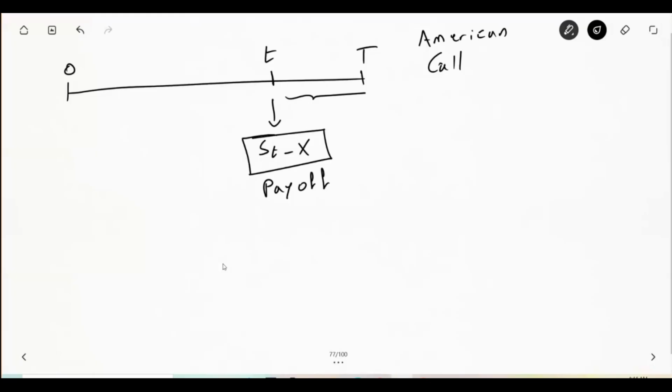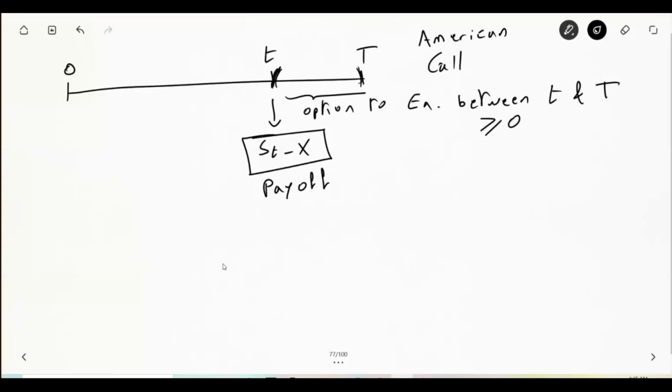This investor can exercise and grab ST minus X. However, in this case, if the investor exercises early, that investor will lose this value here, which is the option or the right to exercise between lowercase t and capital T. And because of the limited liability of options, that option to exercise here is always greater than or equal to 0.